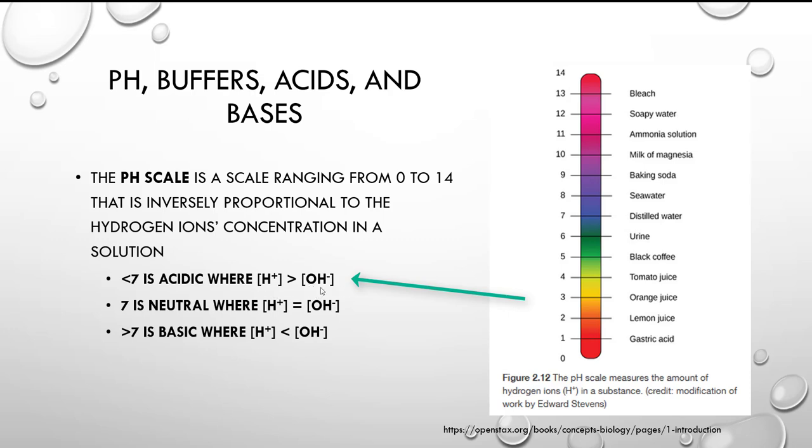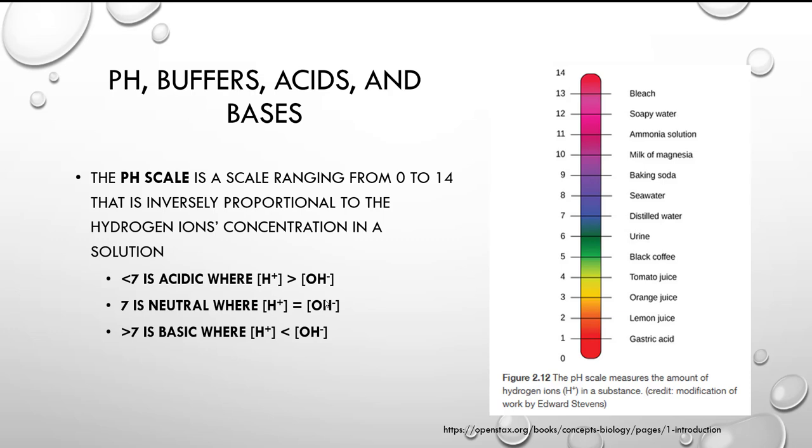Okay, so if it's less than 7, there will be more hydrogen ions than hydroxyl ions in that solution. If the pH is greater than 7, the opposite. There'll be more hydroxyl ions than hydrogen ions. Okay? And then if it's exactly 7, that's considered neutral, where we have equal amounts of hydrogen ion concentration to hydroxyl ion concentration. Okay?